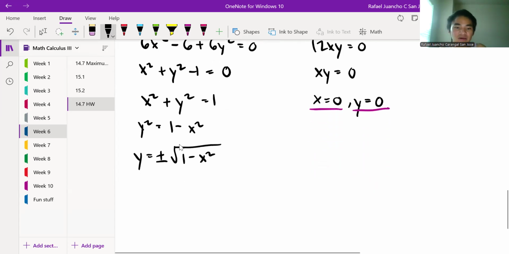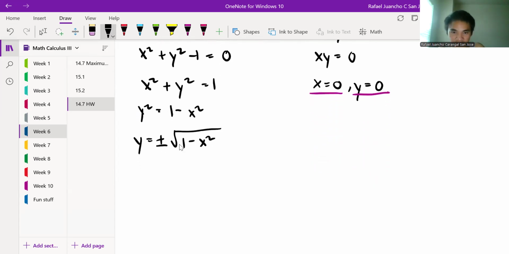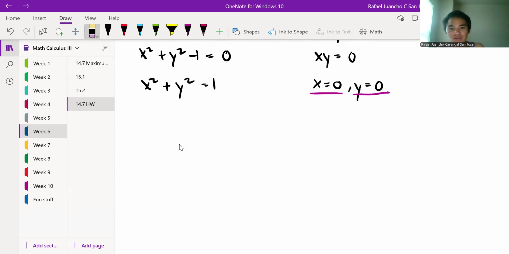I get that for my y. Now the positive case, here I just pick basically. If my x is 0, then my y is 1.